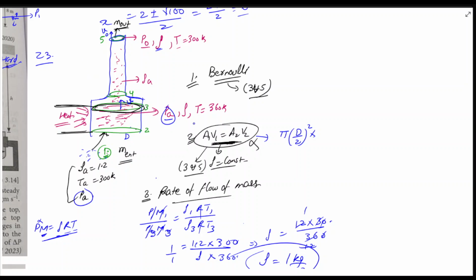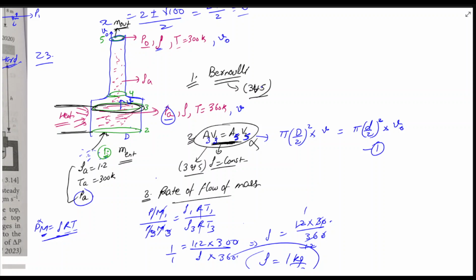Are you getting me? So here velocity is v and here velocity is v naught. So this is v at 1, and this will be at 3. This is at 3. This is at 5. Now at 5 it will be pi d by 2 to the whole square into velocity at 5, v naught. Okay. So this is our first equation.